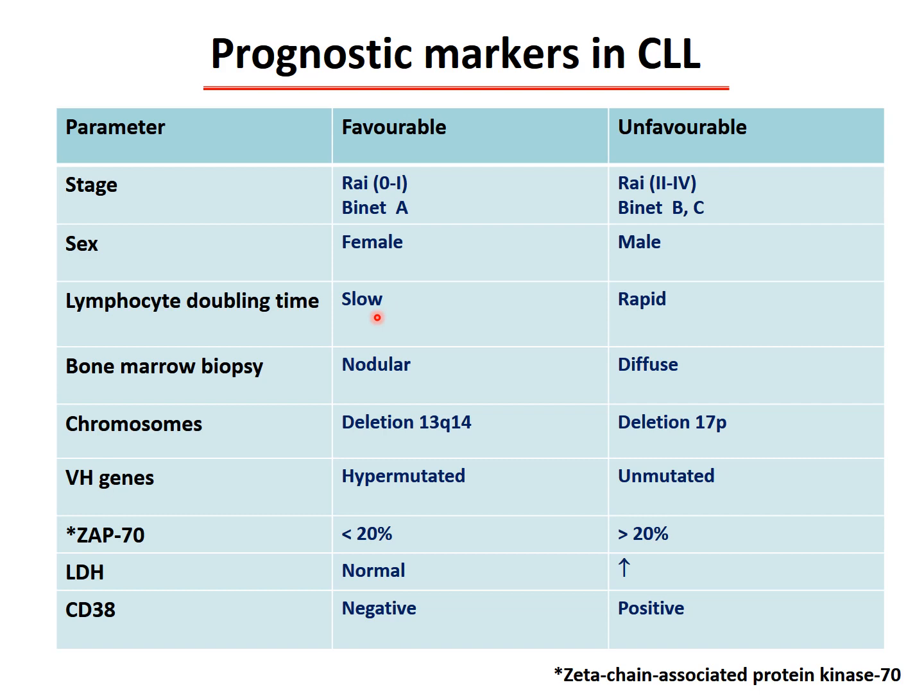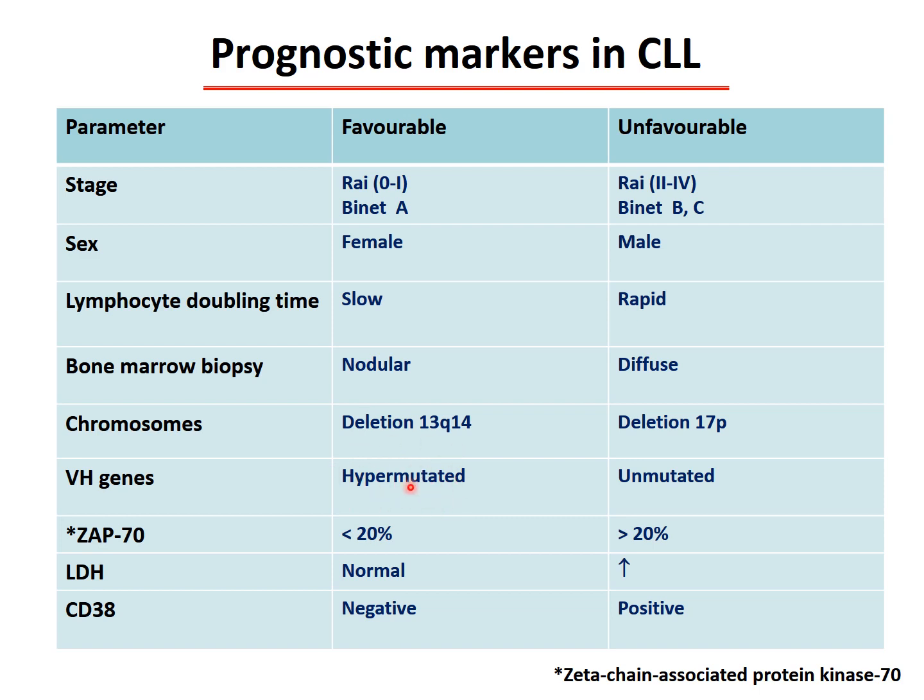When we have the most common type of genetic mutation, as I mentioned, the 13q14, that's a good prognostic feature. If you do have the deletion of 17, that's a bad one. Another thing, look at, for example, the heavy chain genes on the surface of the B lymphocyte. If it's hypermutated, it's a good one, because this normally happens in B cells.